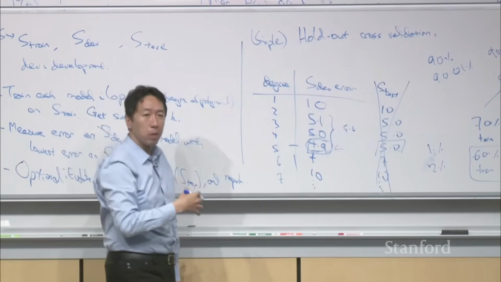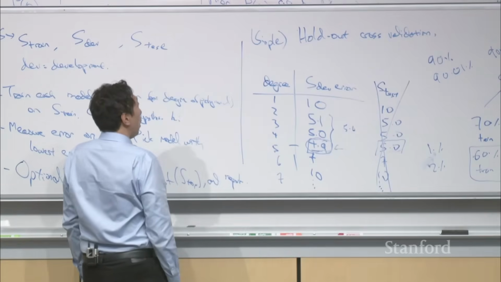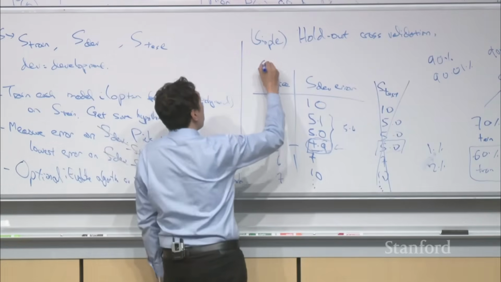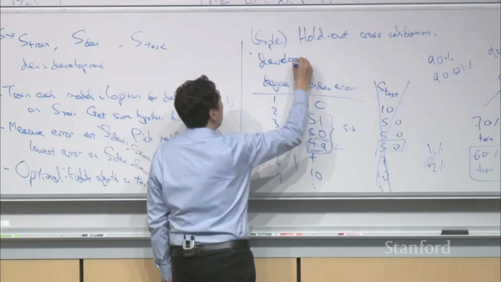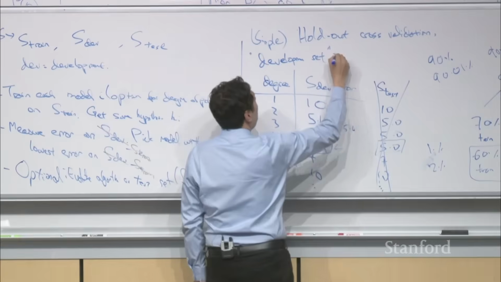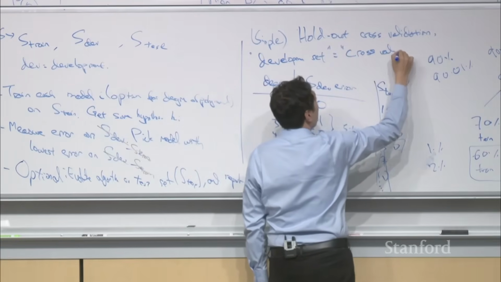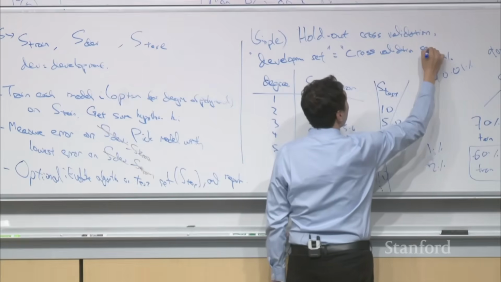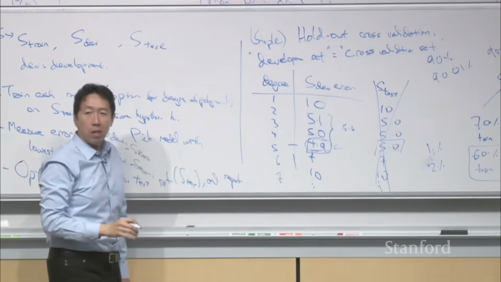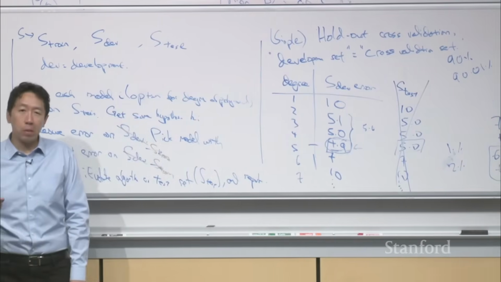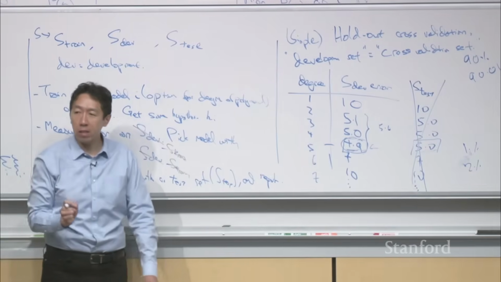We'll talk about some other holdout cross-validation procedures in a second. And the dev set is sometimes also called the cross-validation set. So sometimes you hear people say, we're going to use a cross-validation set. That means roughly the same thing as a dev set. Okay.